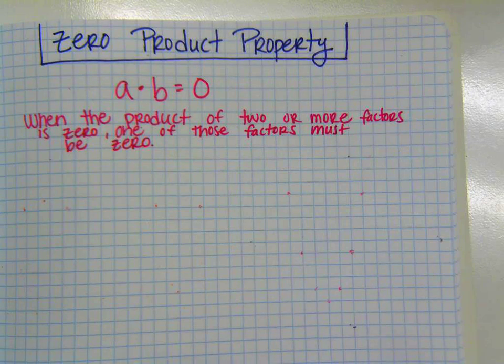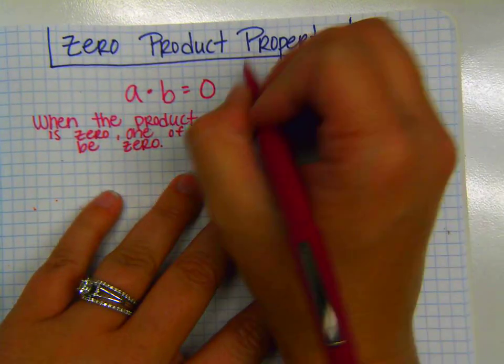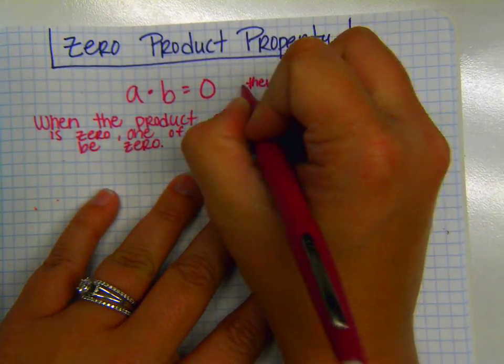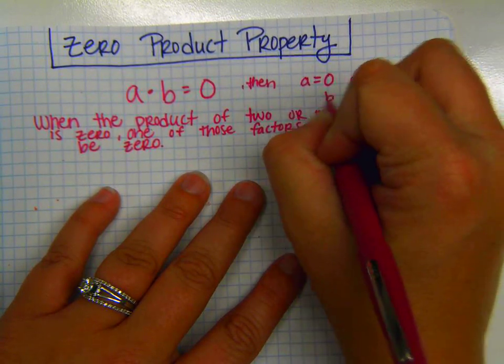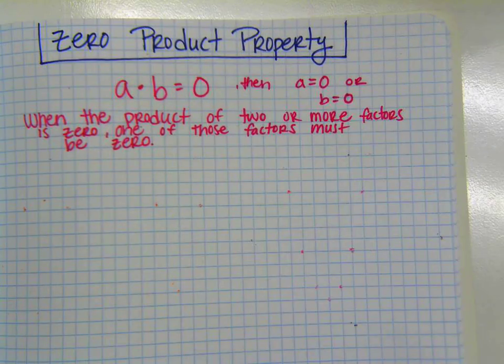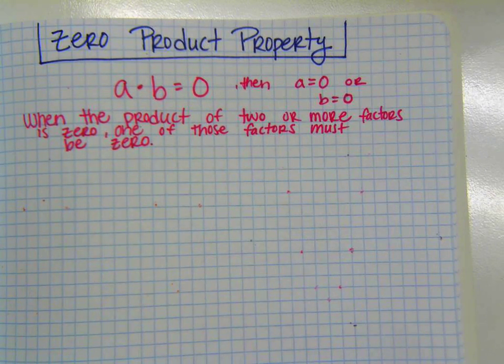So what that means is, given this, then A equals 0 or B equals 0. One of them has to be 0 in order for that to work.